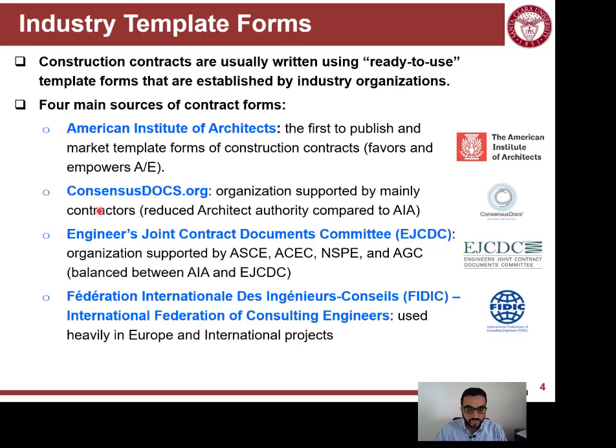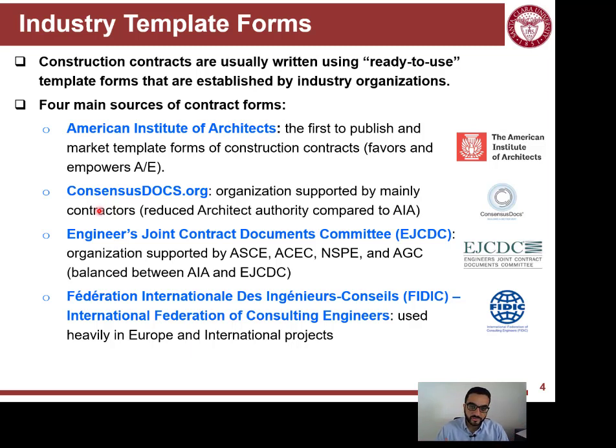AIA is the American Institute of Architects, so they are one of the first entities that prepared such templates, and they almost became like a standard for people to follow. But then afterwards, other organizations came, like ConsensusDocs, which is mostly supported by contractors, and they came as a counter to the AIA influence in the contracts, which tried to increase the authority of architects.